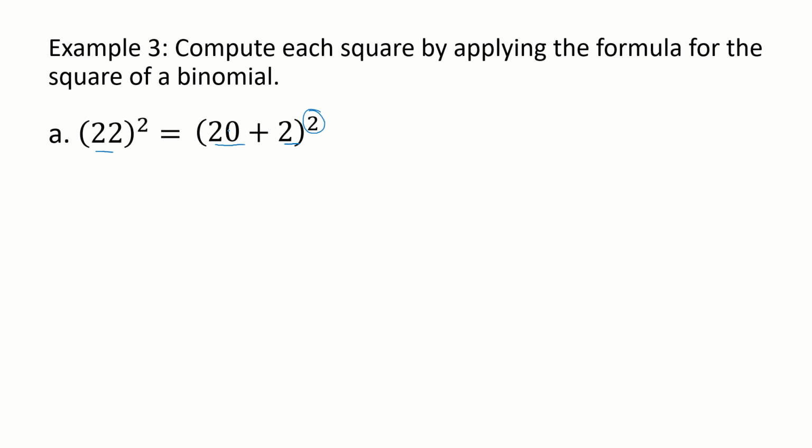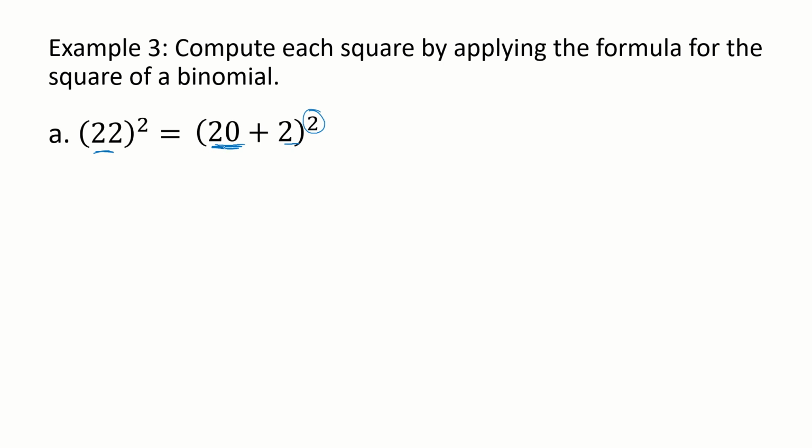So instead of saying 19 plus 3 and so on, we choose a number which is a multiple of 10. And the other one, it depends whether you will add or subtract to get the original. So you choose the nearest multiple of 10. So here, it's 20.